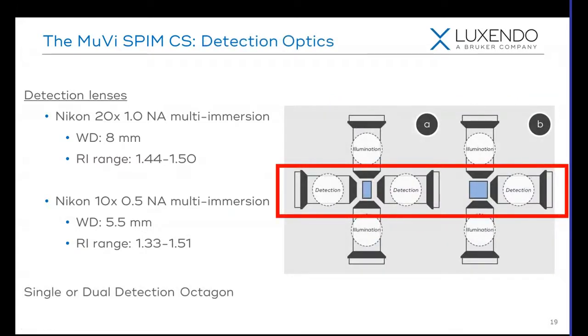And last but not least, we've got a couple different detection optics schemes built around your particular sample. In this, we can have a single-sided chamber or a dual-sided chamber.